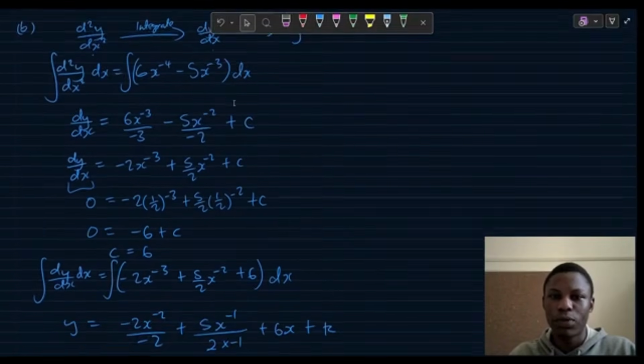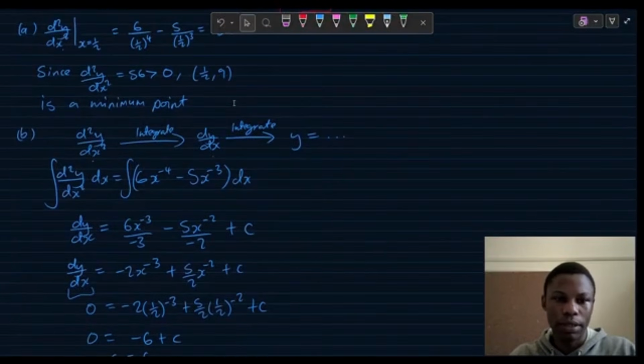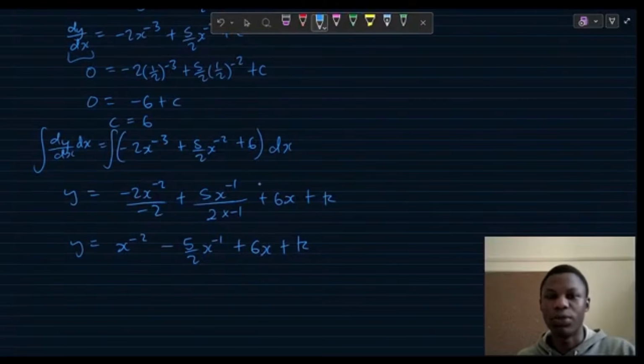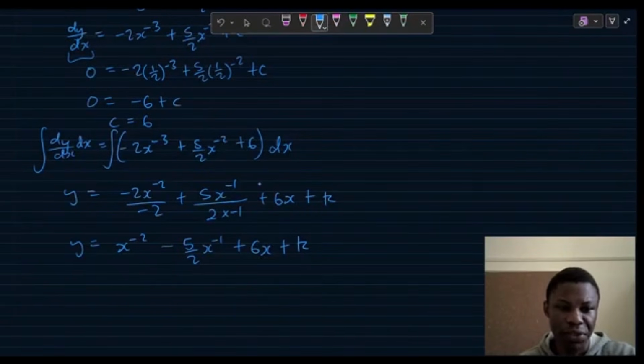And remember, we have been told about the stationary point with coordinates (1/2, 9). So we know that when y is equal to 9, we can use that information to evaluate our constant of integration.